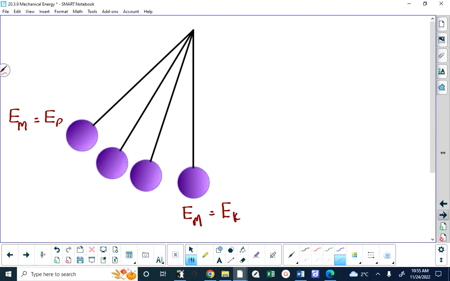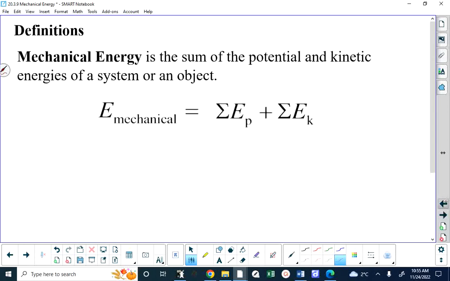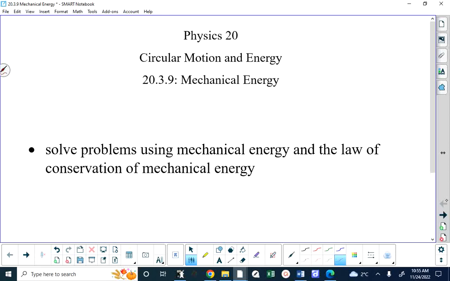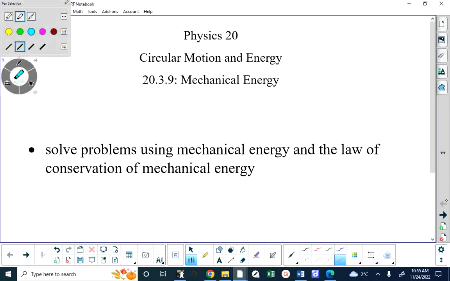What can you tell me? Look at the title of this lesson. It's mechanical energy, and we said we're going to be looking at the law of conservation of mechanical energy. Conservation of something means the amount you have to begin with is the amount later.